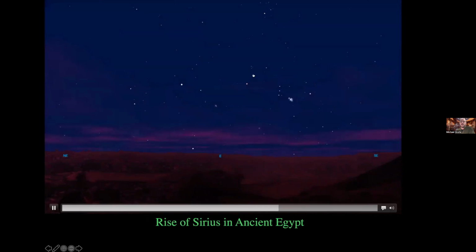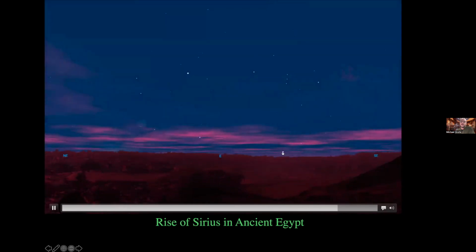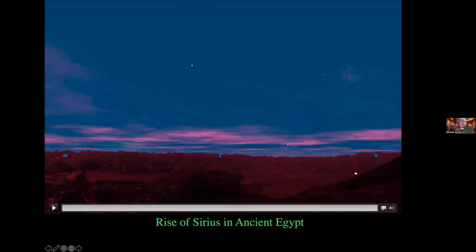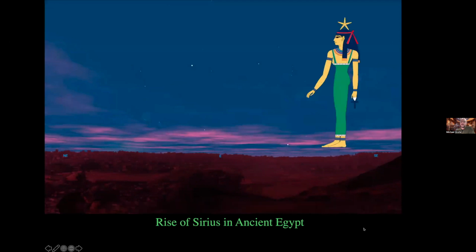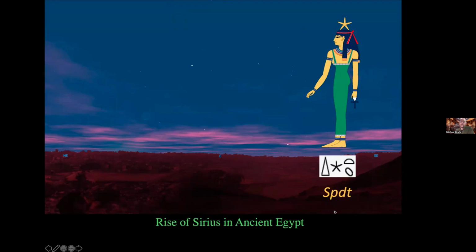Here is Orion. Here, Orion, the three belt stars point downwards, and we'll expect to see Sirius rising somewhere. There it is. So the Egyptians, for thousands of years, were timing the flooding of the Nile to the rising of Sirius. And for them, Sirius is known as the goddess Sopdet, and her name, we're not sure of the vowels in there, this is an abjad, actually means triangle or sharp one.